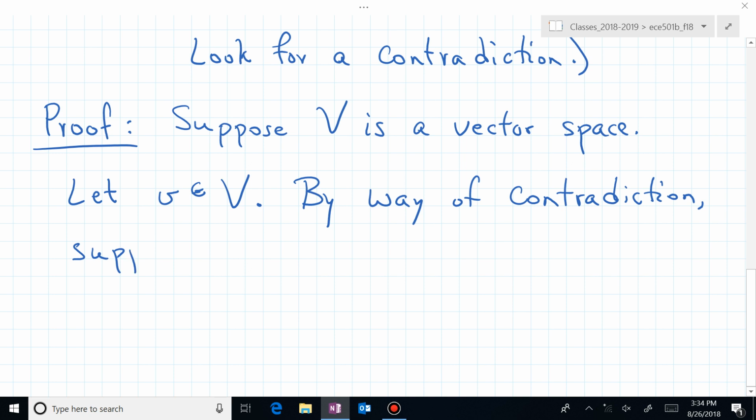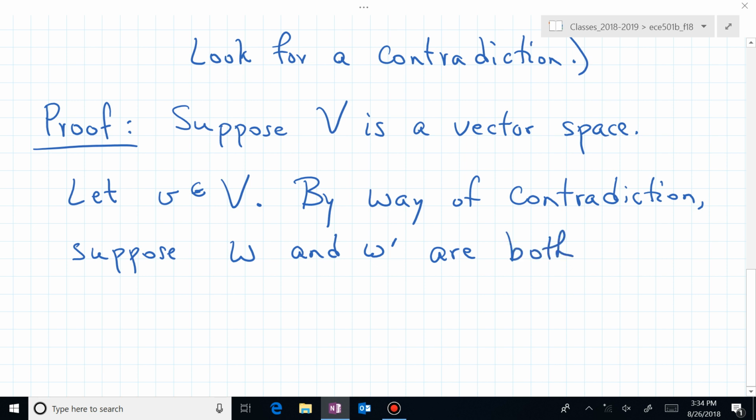Then, to make it very clear, we could say by way of contradiction, let's just suppose not B, which really says suppose we have W and W prime, which are different. So let's suppose that we have two different additive inverses.